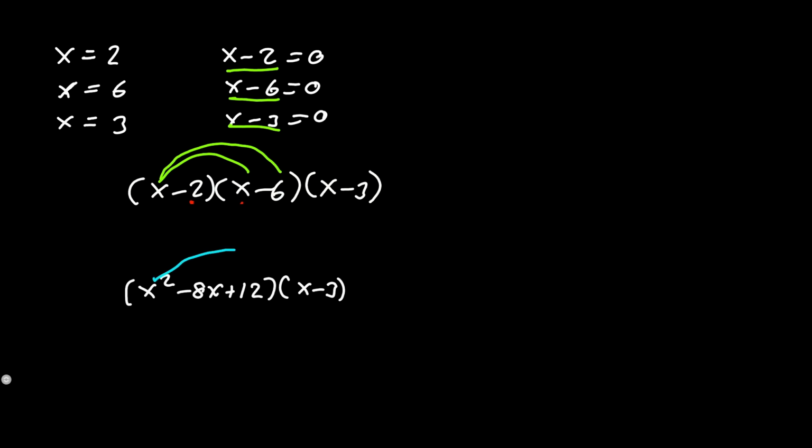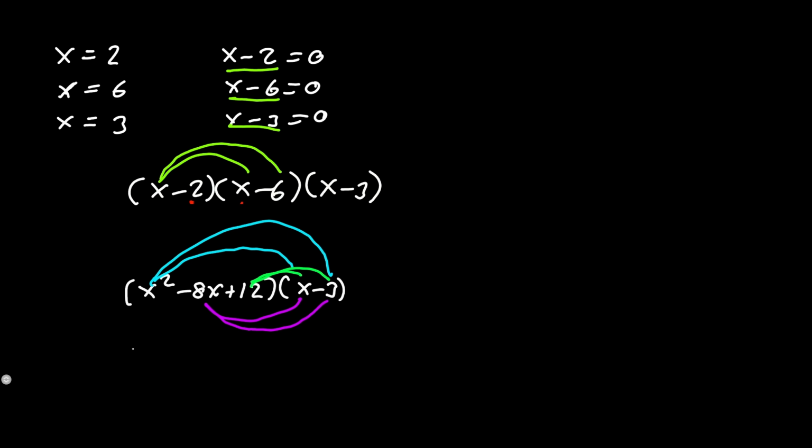So it will be x squared times x and x squared times negative 3, and negative 8 times x and negative 8 times negative 3, and 12 times x and 12 times negative 3.